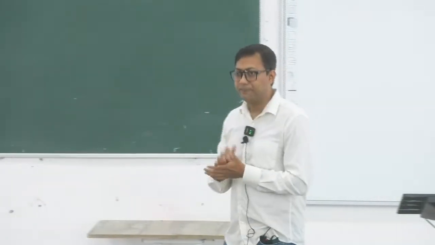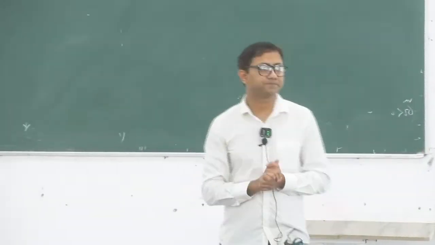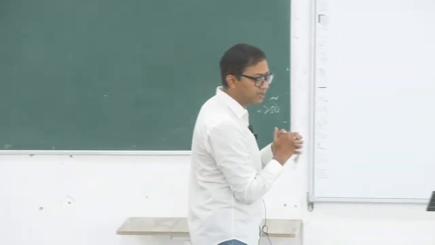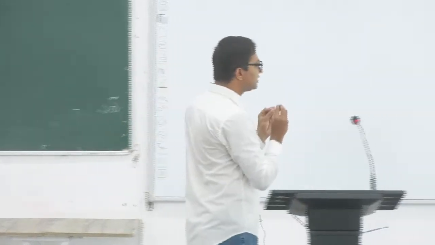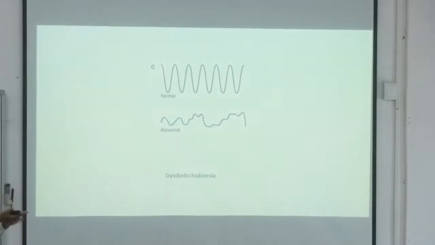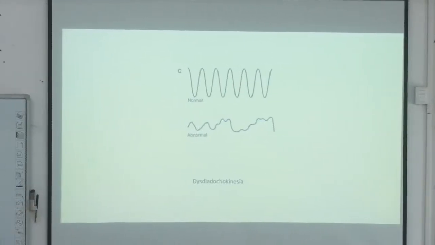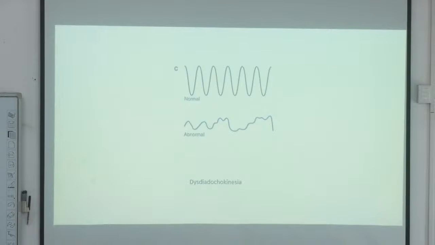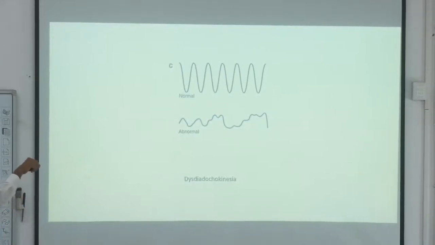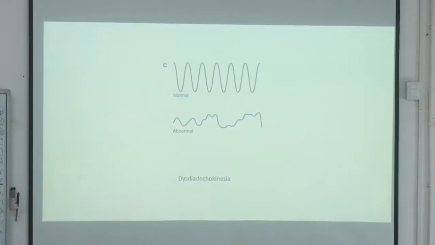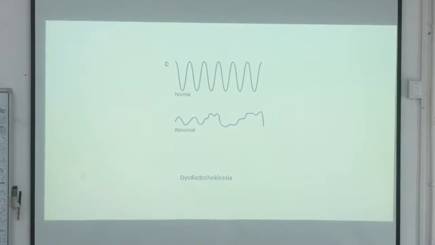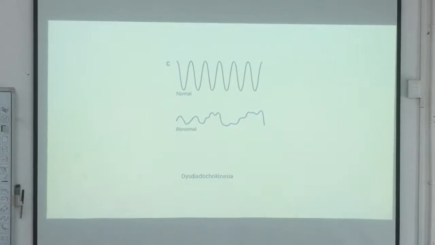In this way, we have tested rapid alternating movement, and when the patient is unable to perform this, we call it dysdiadochokinesia. This is the graphical representation: this is rapid and alternate movement, pronation, supination. When the patient is unable to do so or hesitates, this is the abnormal movement in a patient of cerebellar disorder. This is called dysdiadochokinesia.